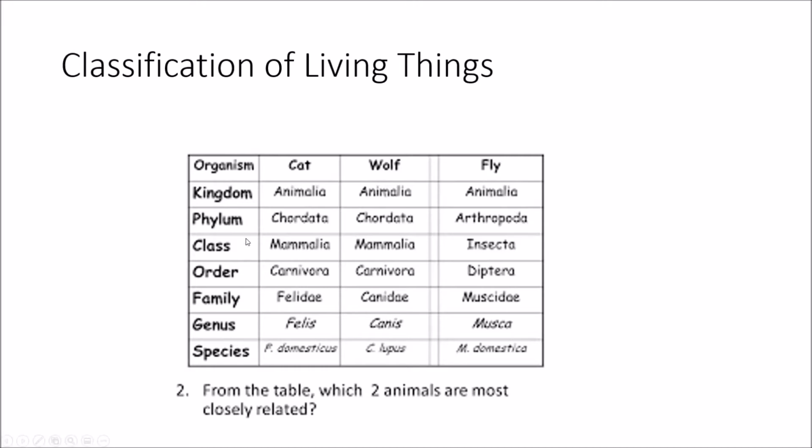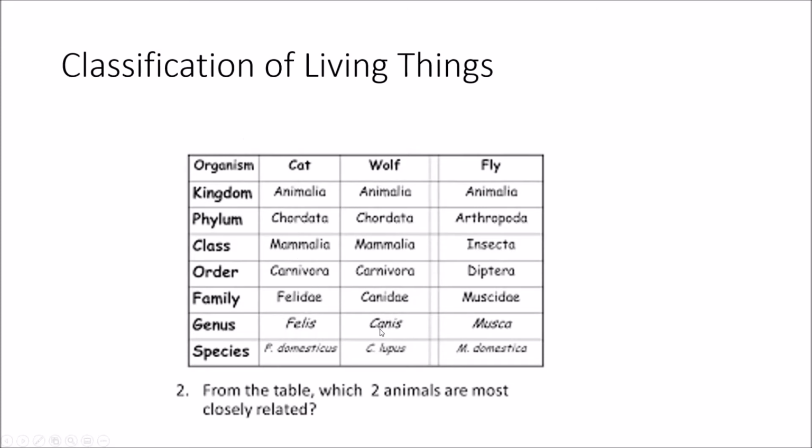And as you move down the classes, because a cat and a wolf share a lot of the same similarities, the first 4 levels are basically identical, okay? But as you move past this 4th level, the family, that's when you see a difference in the families that they're in.